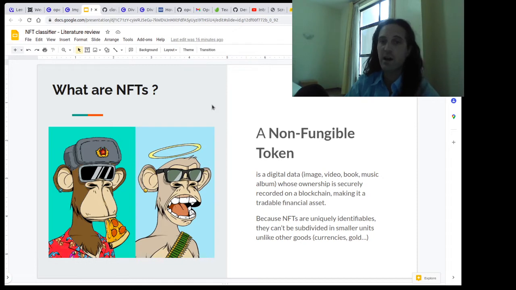They are digital data, which could be images, video, books, music albums, but mostly nowadays NFTs are images, and the ownership is secured by a blockchain record, making it a tradable financial asset. And because NFTs are uniquely identifiable, they can't be subdivided into smaller units like gold or any kind of currency.